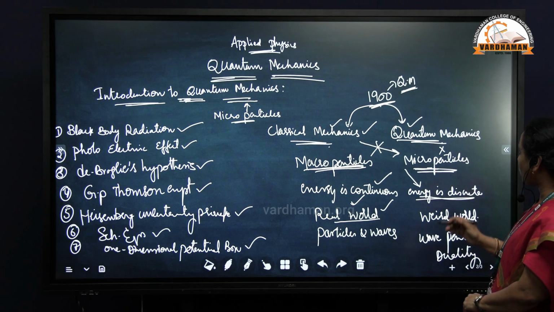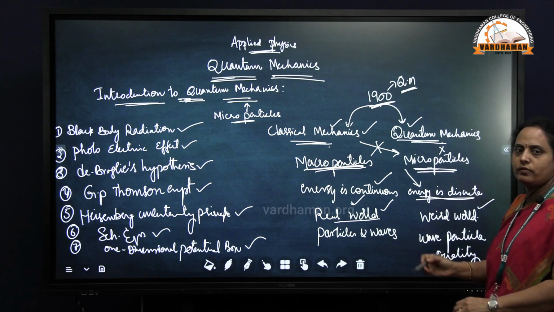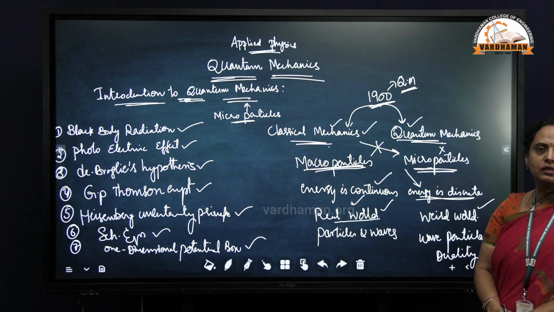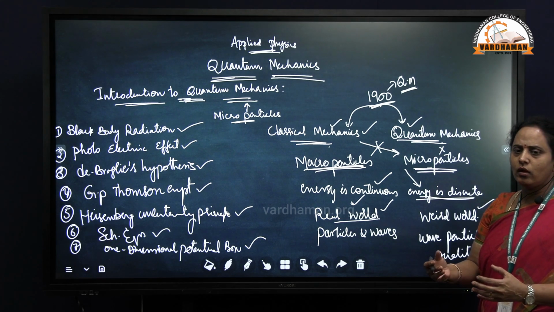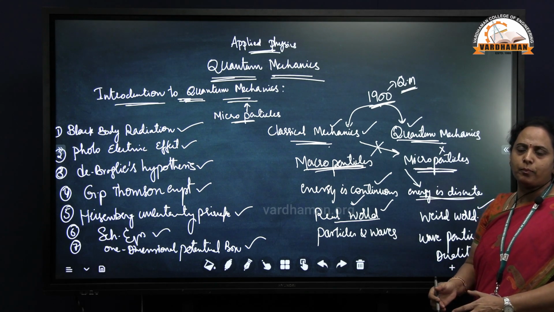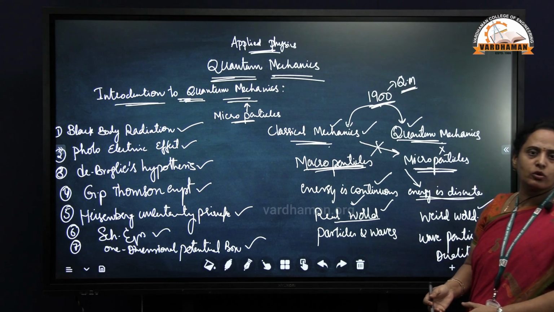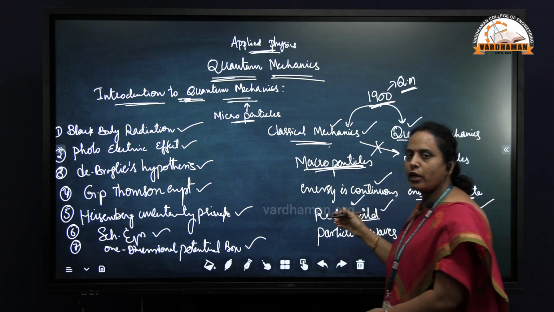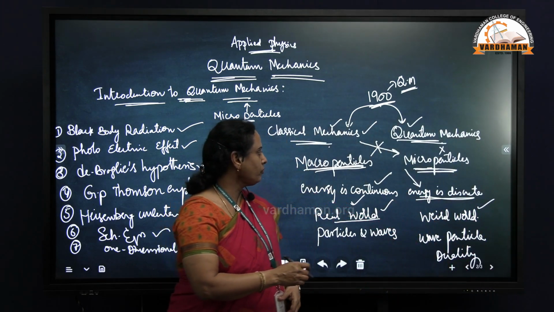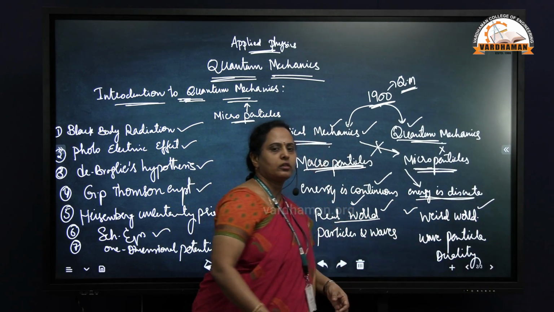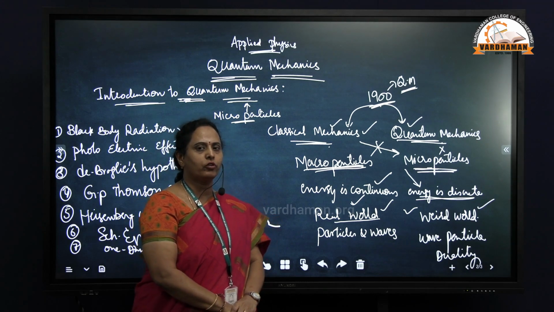But why is quantum mechanics weird? Because quantum mechanics is very difficult to understand, people think. That is true also, because even now we are unable to explain quantum mechanics fully, because it is a weird world. Why am I saying it is a weird world?